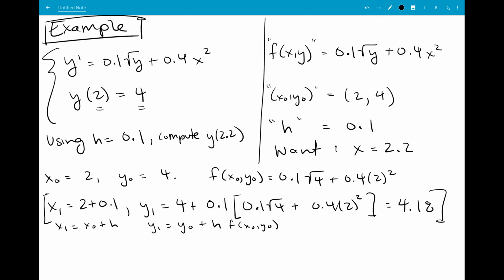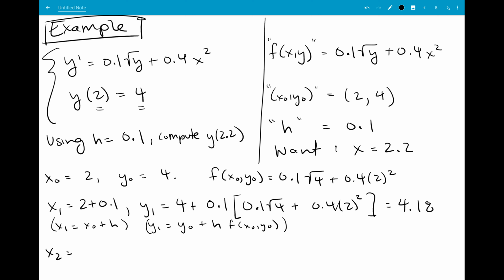That's what we were doing in that step. In case the notation and all the numbers is kind of intimidating, we'll have those things right there. And so now I have new values. x1 is 2.1, y1 is 4.18, but I have to keep going until I have the x value I want.